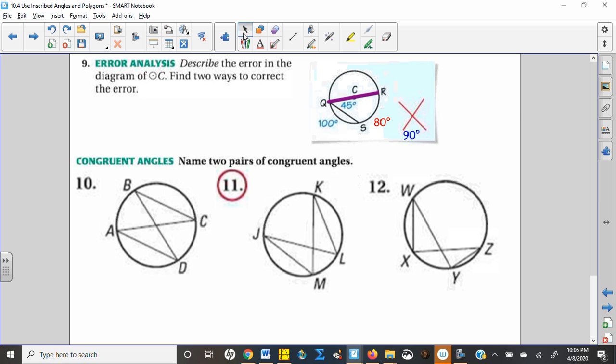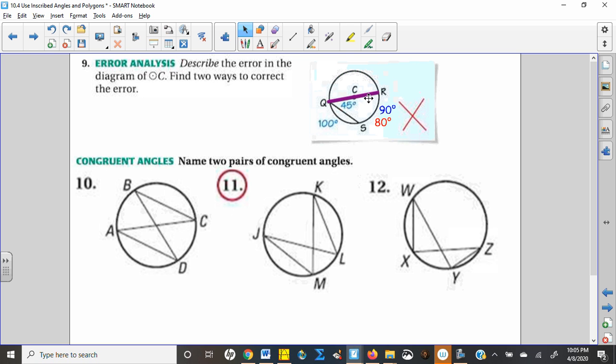Except your buddy, let's call him Josiah, decides that they're going to use the inscribed angle 45, and they double it, and they get 90. So they're like, no, it's 90, and you're like, no, it's 80, and then you get in a big fight, and you don't speak for weeks. Well, the truth is, you were both right with your reasoning.